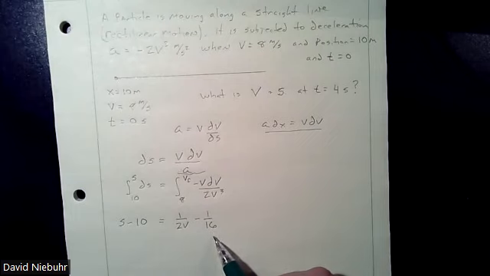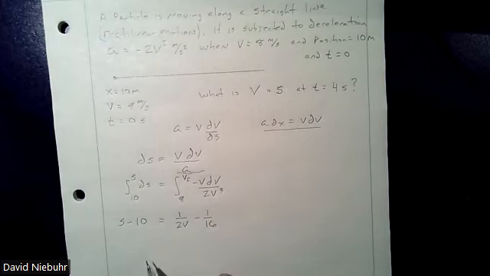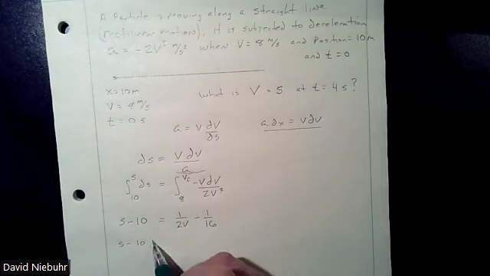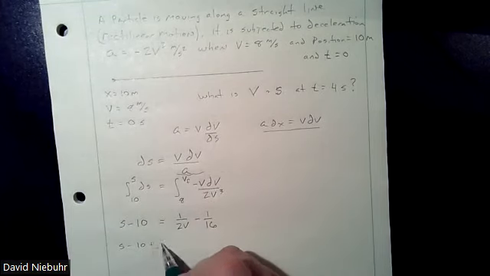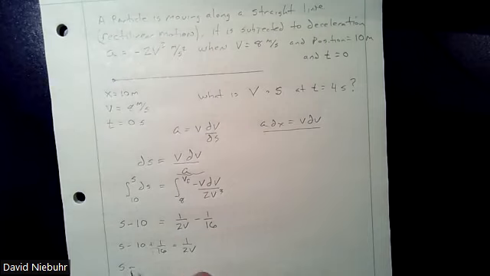Now we can manipulate this equation so that we get it in terms of v. So s minus 10 plus 1/16 equals 1 over 2v. Converting 10 to 160 over 16, we have s minus 160 over 16 plus 1/16 equals 1 over 2v.